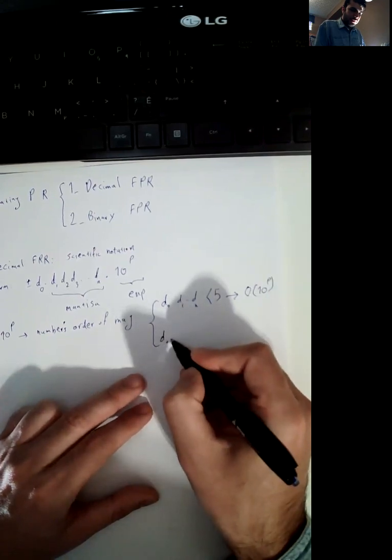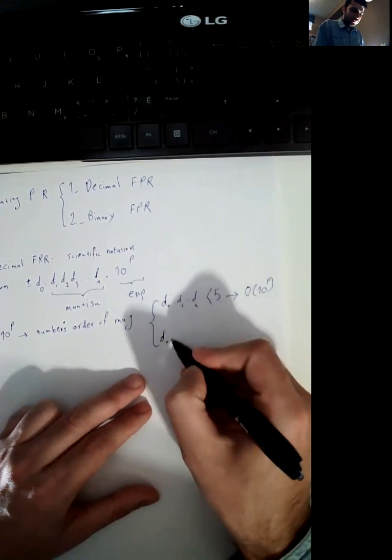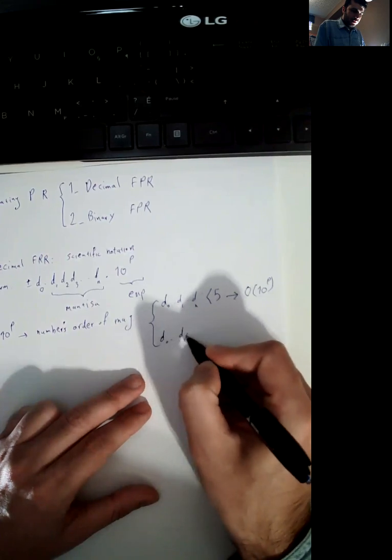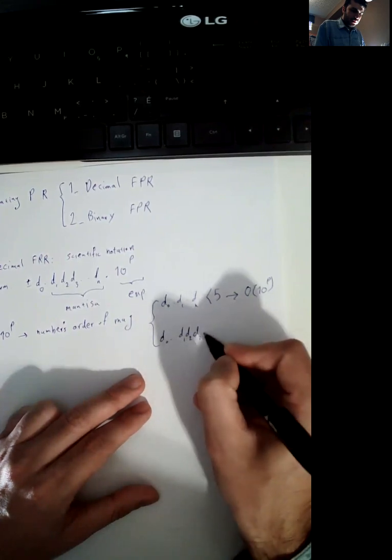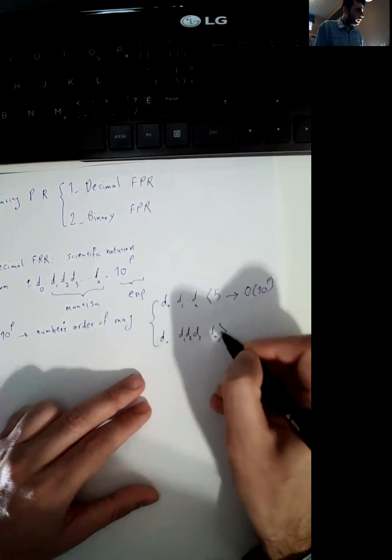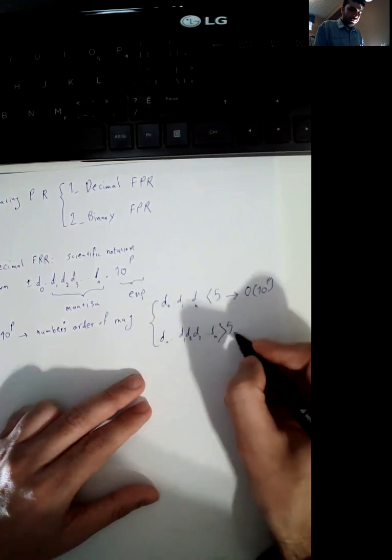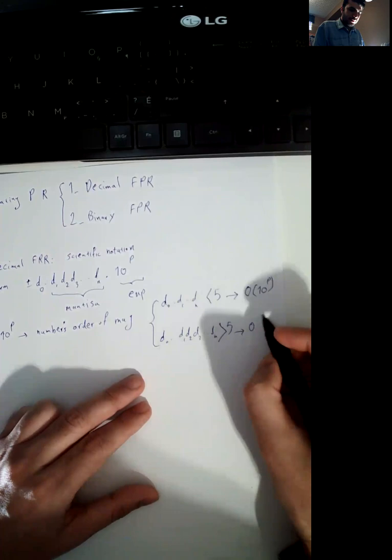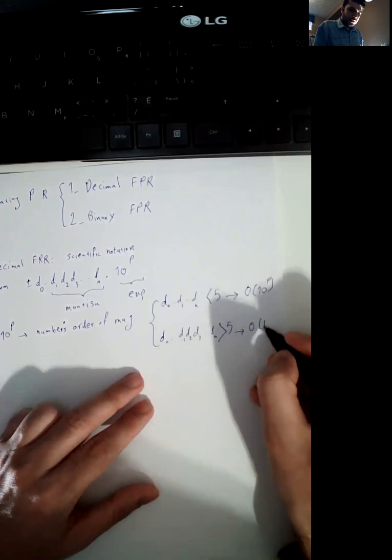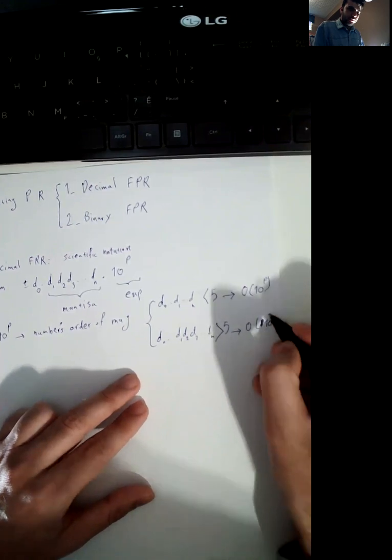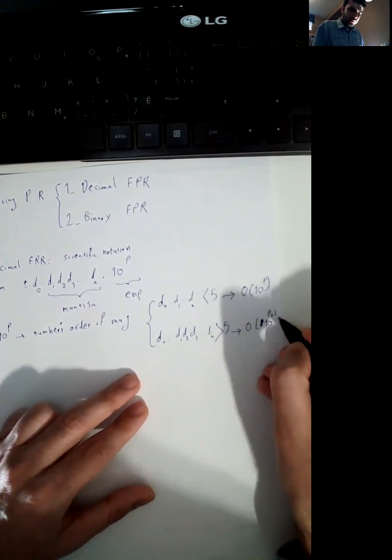But if t0.t1 t2 t3...tn is greater than 5, then the order of magnitude is shown by 10 to the power of p plus 1.